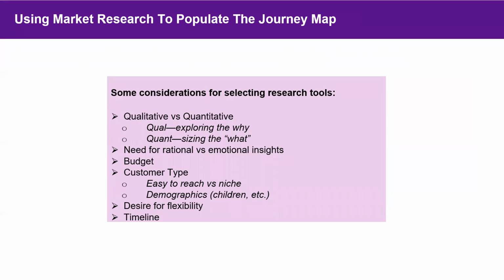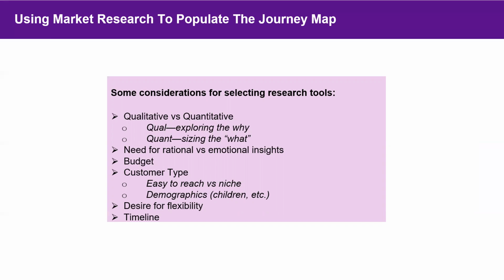Some other considerations, and again, I'll go through these a little bit quickly because we'll go through each of them in a bit more detail next week in Module 4. As we look at our research tool arsenal, what tools do we want to pick? Is this a qualitative project? Do we want to explore more of the why? Or is this more about sizing, and is this more about exactitude?